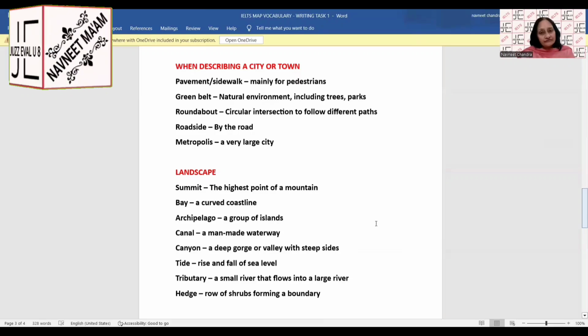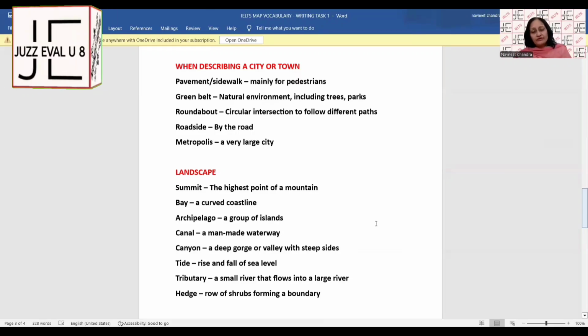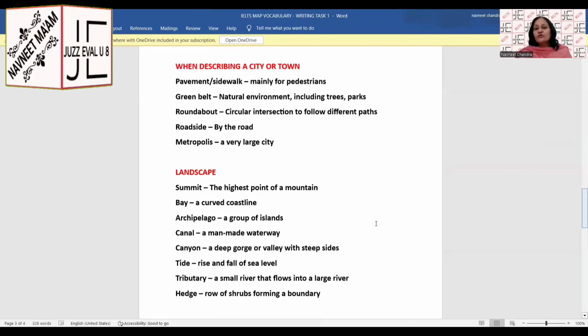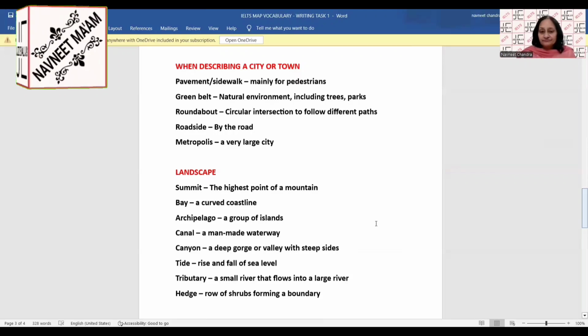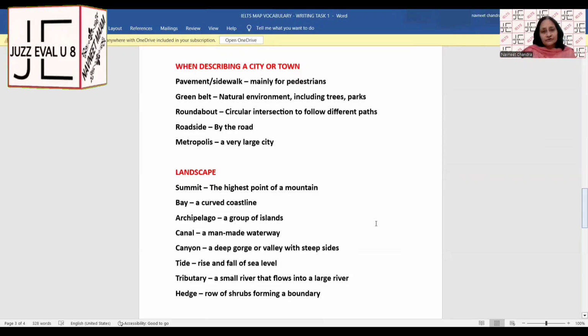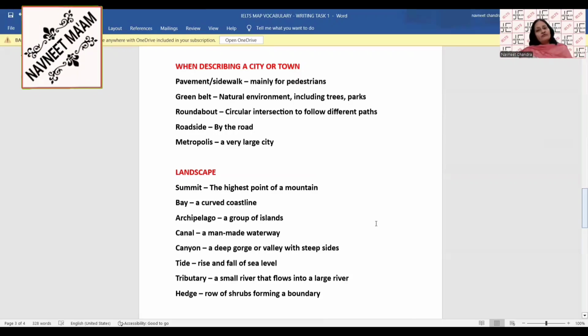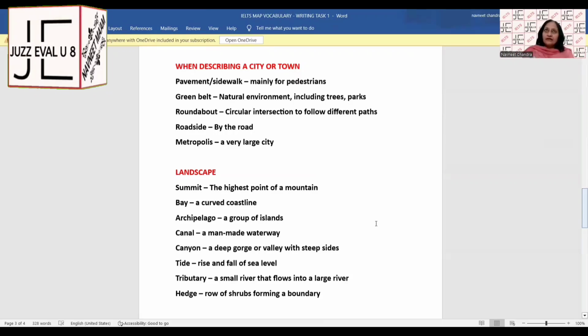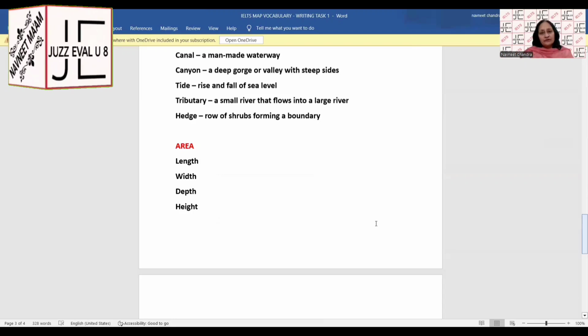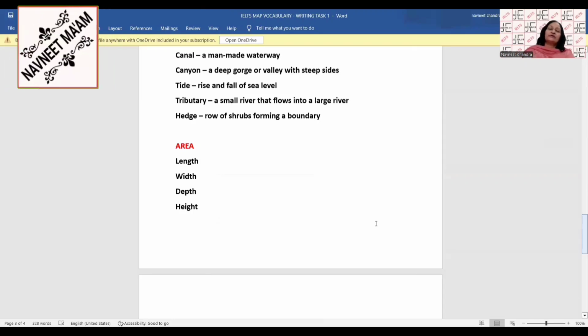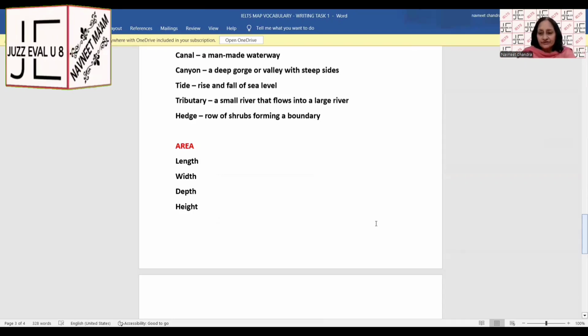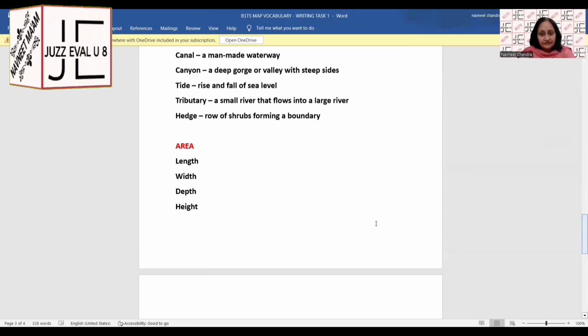Tributaries are very small rivers, or you can say rivulets, which go and join a larger river. You all must be aware of the word hedge, where a row of shrubs forms a boundary wall. Area of a place, how is it described? We're talking about the length or the width or the depth or the height. That is how area is.